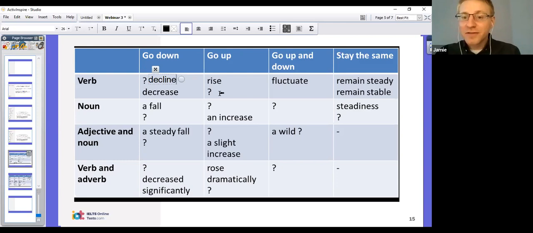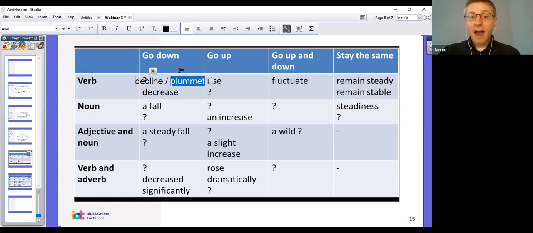You've said plummet is also a good verb to use, but does it suggest a strong or a weak fall? It's actually a very strong drop. So you need to make sure if you say plummet that it's describing a very steep fall rather than a gentle one. So good. So we've got decline.